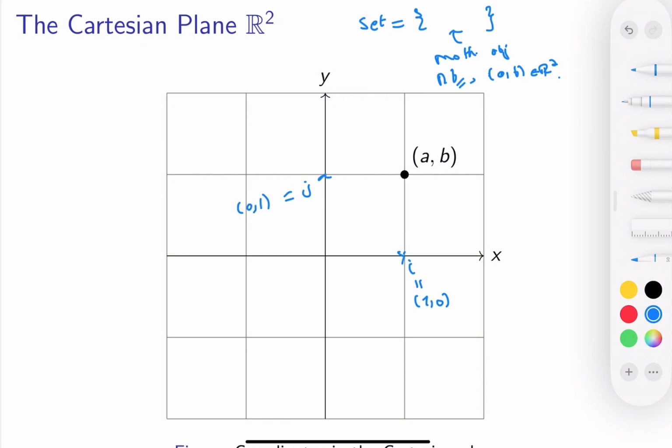And for example, this point over here, a, b, is the point (1, 1), right? So in the Cartesian plane, we have so-called Euclidean vectors, right? And the concept of a vector space is a kind of generalization of Euclidean vectors.